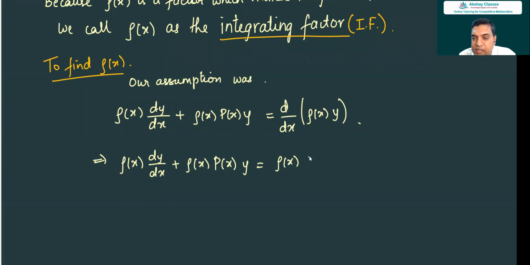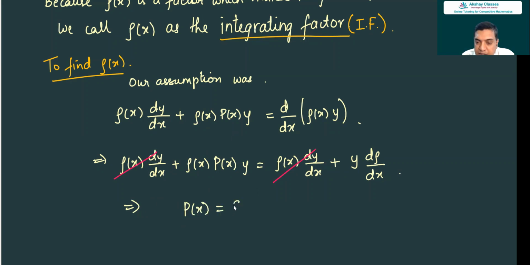We get rho of x dy by dx, no problem, plus y times derivative of rho of x. So here, this term and this term are cancelling. And then once that is cancelled, then y and y also get cancelled. So we get p of x times rho is d rho by dx.